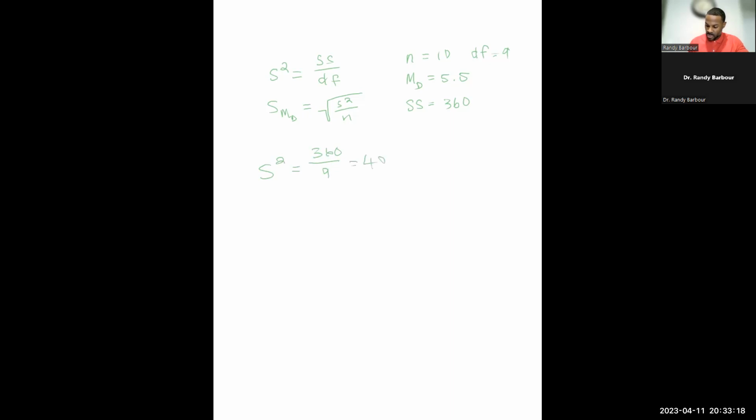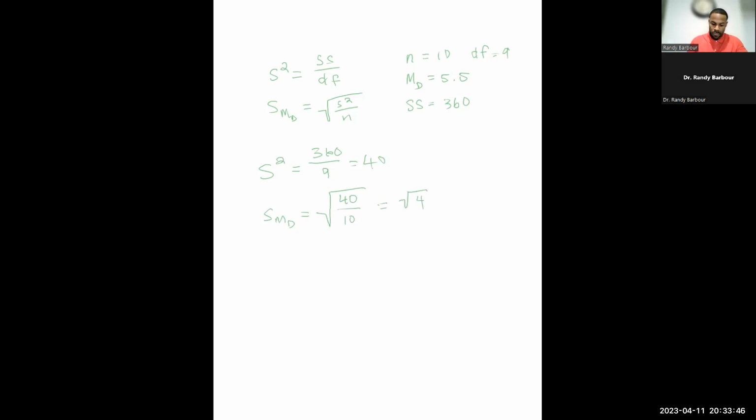Okay. And since we now know our variance, we're going to do our estimated standard error for the mean difference. That's going to be 40 over 10, which is 4.